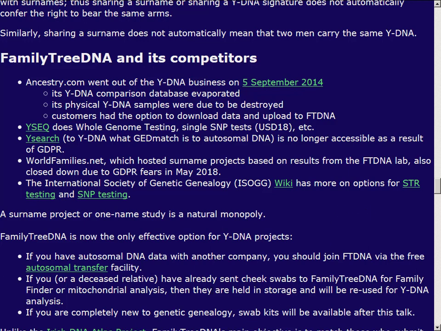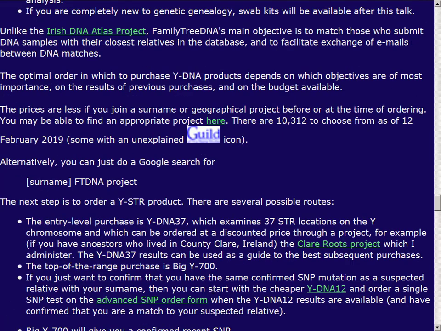If you've sent your cheek swabs in already to Family Tree DNA for Family Finder or mitochondrial, they're in storage and they can be used. Or if you send it in for Y37, you can use the same swabs that they've kept in storage to upgrade to one of the more modern tests like Big Y700. If you're completely new, I have kits here and we can talk about swabbing at the end of the talk.